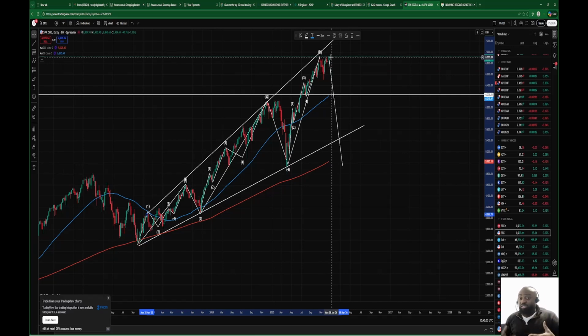But there is more to this. If this is actually a broadening wedge, then the correction will be bigger than the 500. But that's not the topic for today's video.